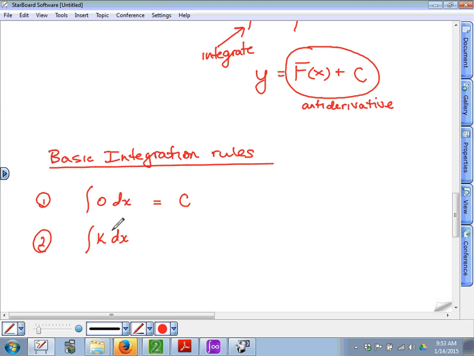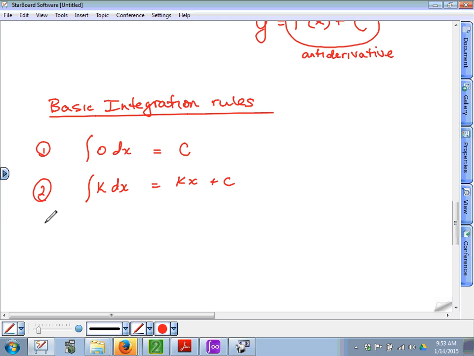The derivative of a constant is equal to 0, but we're reversing. So what kind of an antiderivative would have a derivative of k? X. Kx plus c. Okay. Third one.